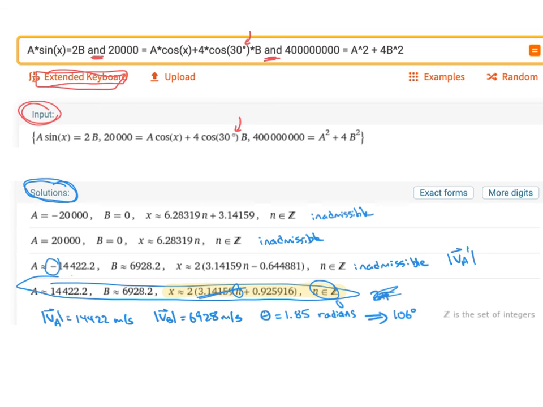I'm going to move on to the next slide actually. The way I drew my diagram, I had the alpha particle going off at 30 degrees. That's because that's what the question said. I had my proton going off at some angle here. This was my angle, but my Wolfram Alpha is saying that this angle is 106 degrees. So what does that mean?